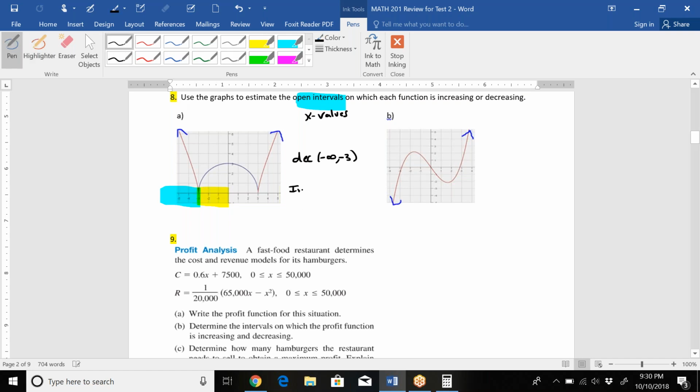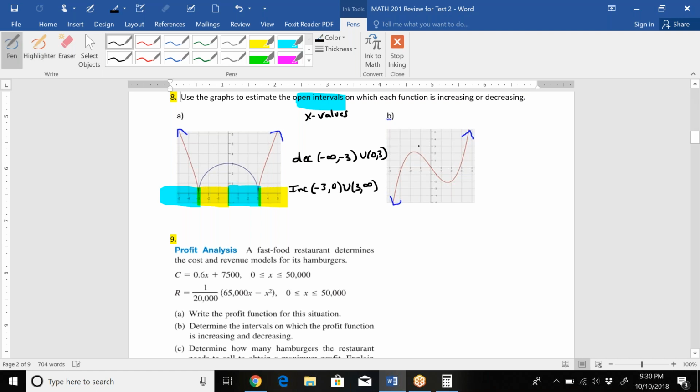So I'm increasing from -3 to 0. So then when I start decreasing again, I do that from 0 to 3. That goes with this range. And then I'm increasing again from 3 to positive infinity. So union that with this one.